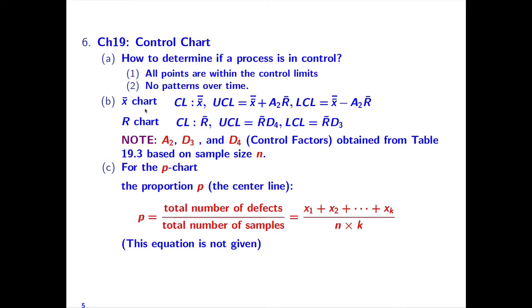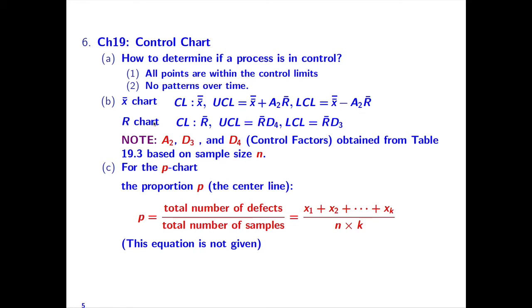B, the X bar chart will have the center line X bar bar and the upper control limit of X bar bar plus A2 times R bar, and your lower control limit is equal to X bar bar minus A2 times R bar.